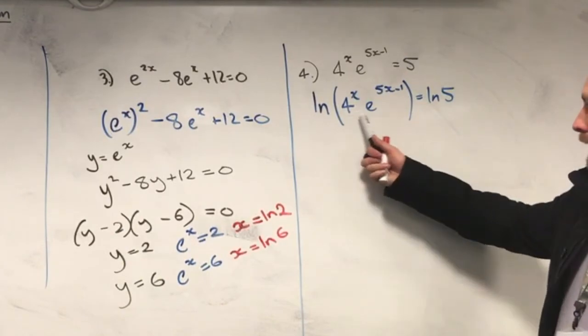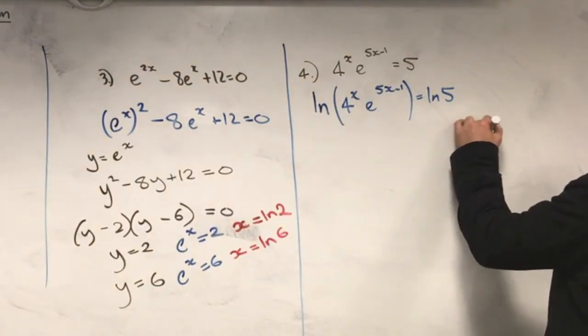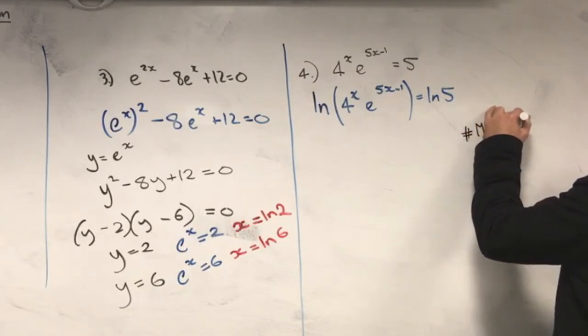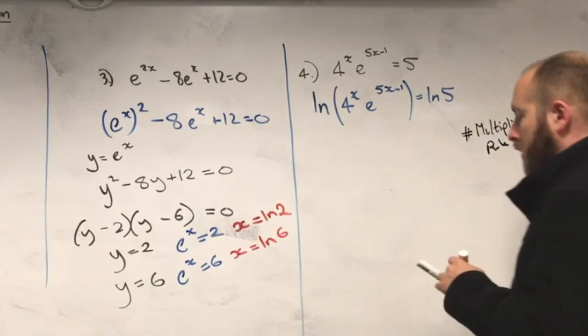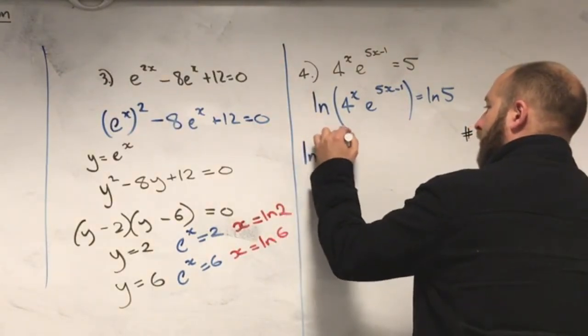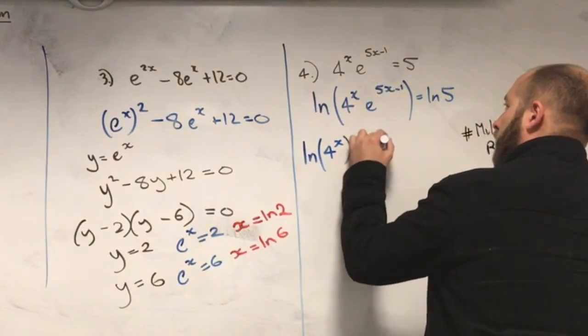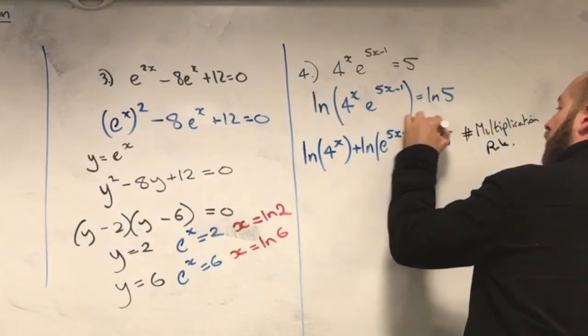Now we're going to use the multiplication rule to split this up. So ln of 4 to the x plus ln of e to the 5x plus 1 and 5.